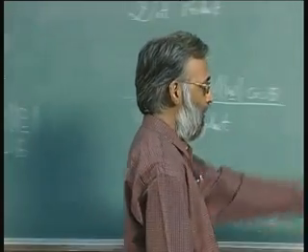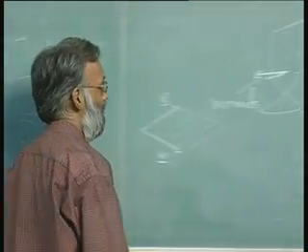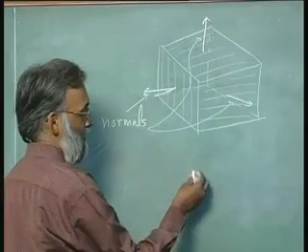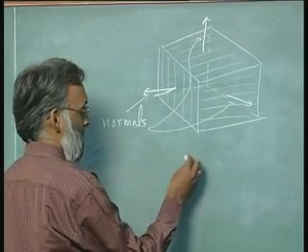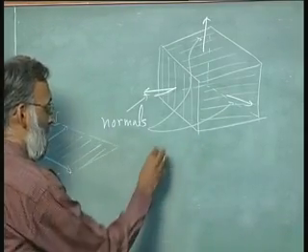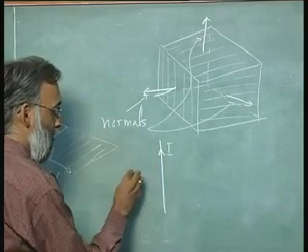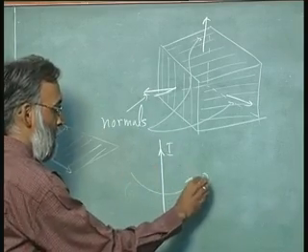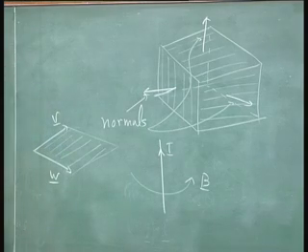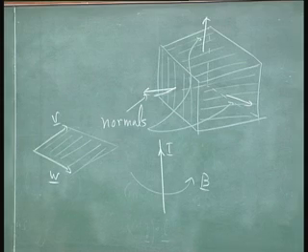Where does the cross product come? Well, the first place where it comes is in Ampere's law, where you have a current I and you want the magnetic field B. When you want the magnetic field B from a current, you would like to use Ampere's law.